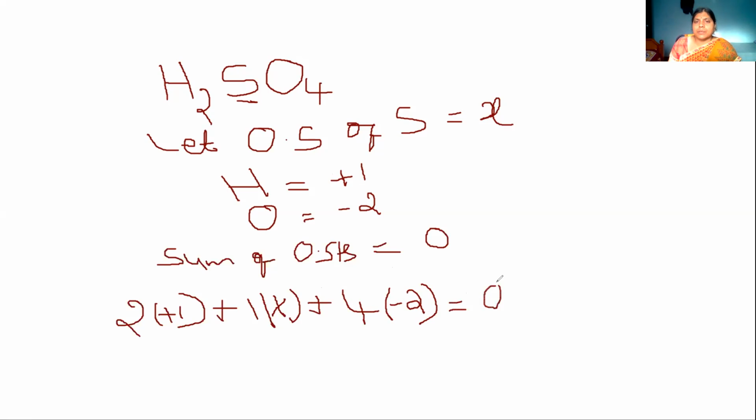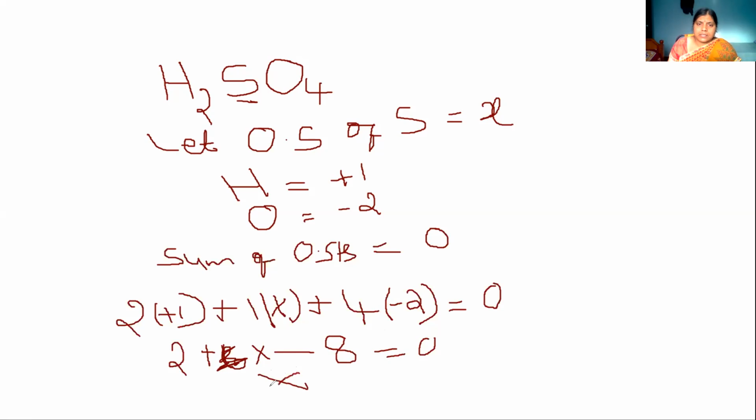Then make simplification. 2 into +1, 2, plus 1 into x, x. Okay, plus into minus, minus 4 2s are 8 equal to 0. So 2 minus 8 how much? 2 minus 8, -6.